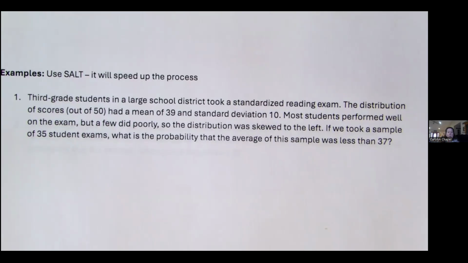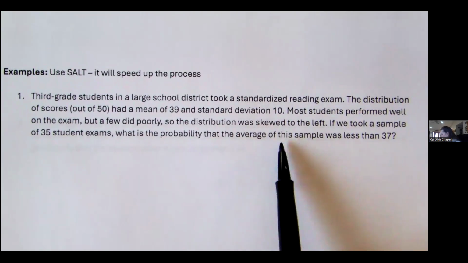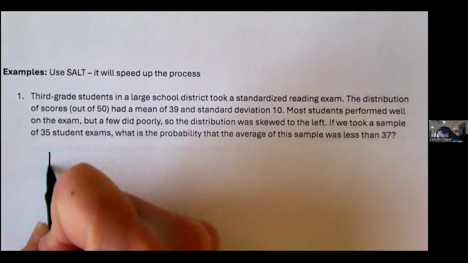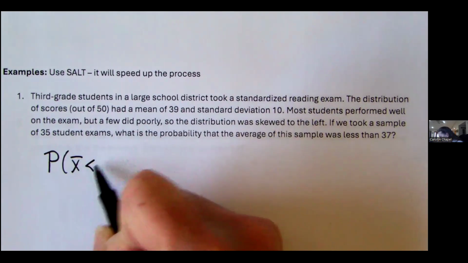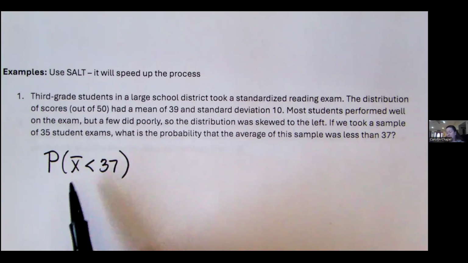We took a sample of 35 student exams, and we want to know what is the probability that the average of this sample was less than 37. So we want to know what is the probability that X bar is less than 37. Now, if we were using tables, we would have to make sure to standardize this.